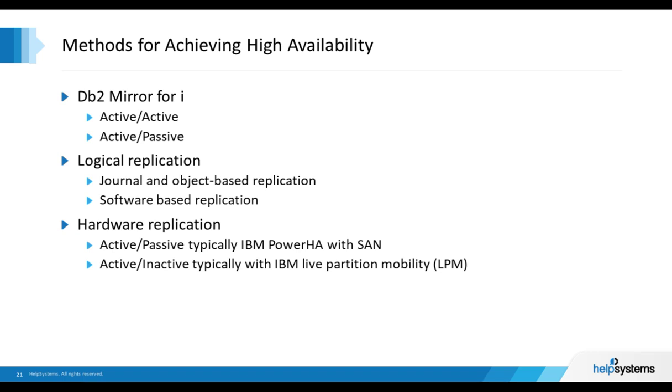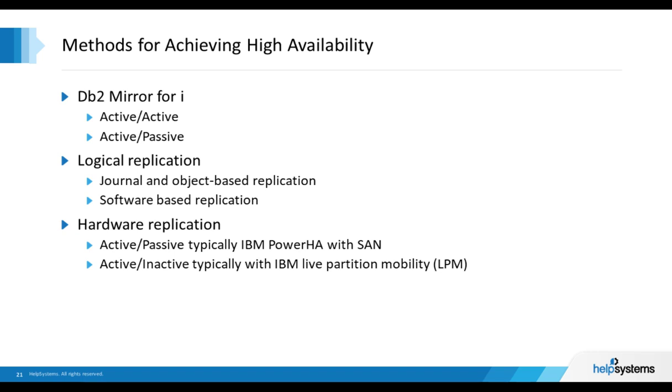Db2 Mirror for I, which offers active-active source and target, or just active source configurations. We've got, I guess, the grandfather of them all, logical replication. This has been around for more than 25 years now in various forms, and it's typically software-based, usually by third-party vendors, and often, but not always, makes use of remote journaling technology, which is built into the operating system.